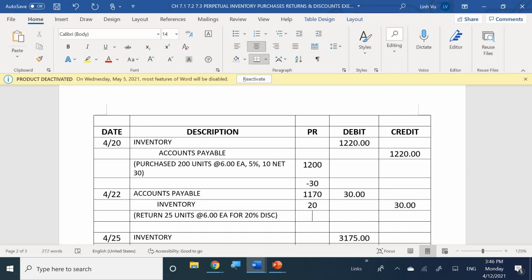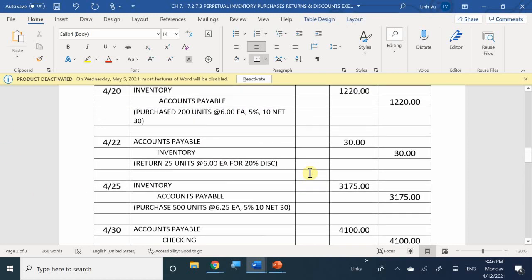So if I have to add it back to my original purchase price because I can't return or discount my freight, how much do I owe in grand total now? 1190. Okay, so there you go. I don't know if that was a good visual for you guys. So 1200 minus the 30 gives you 1170, plus the $20 freight because you can't discount it, gives you 1190.